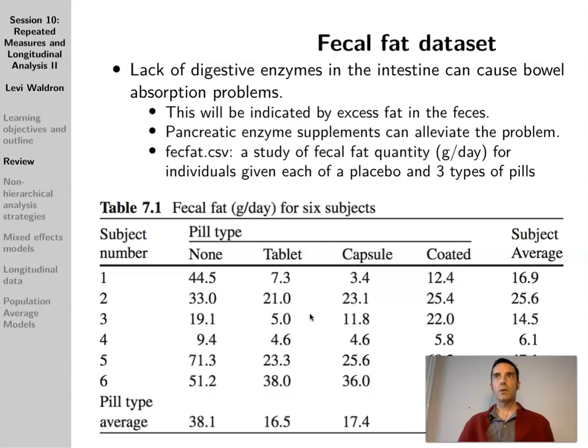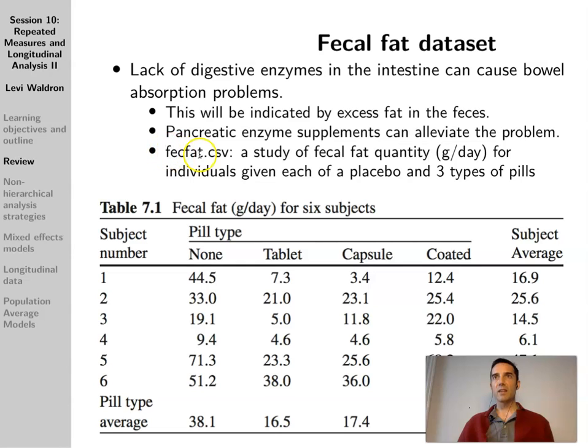Starting with our review of the fecal fat dataset, recall that this is a dataset of participants who lack digestive enzymes in the intestine, causing bowel absorption problems that are indicated by excess fat in the feces. And it was a study of a placebo and several different pancreatic enzyme supplements to alleviate the problem.